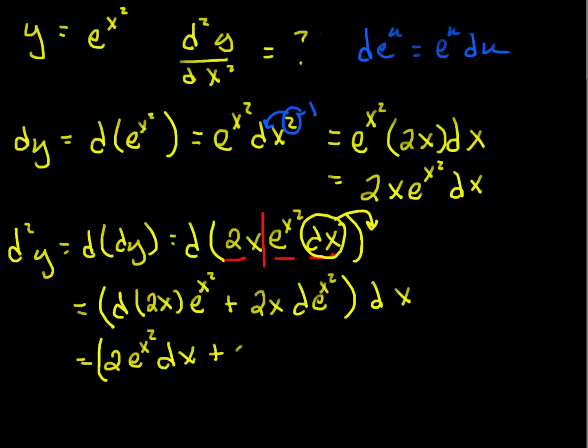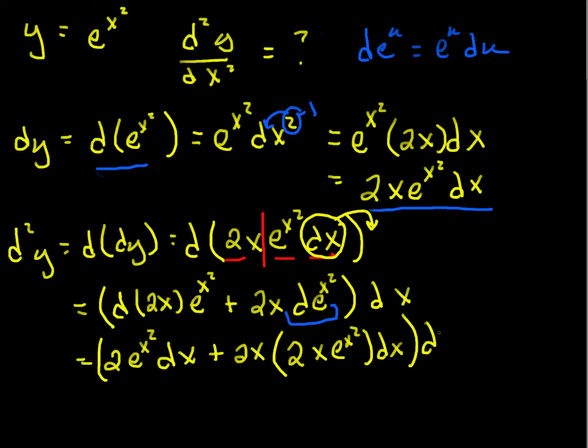plus 2x times, and we don't have to compute this differential again because that's what we just did in the previous step. The differential of e to the x squared is simply 2x e to the x squared dx. So I could just put that here. This is 2x e to the x squared dx, all times dx.